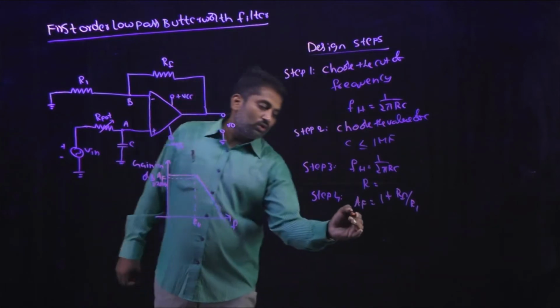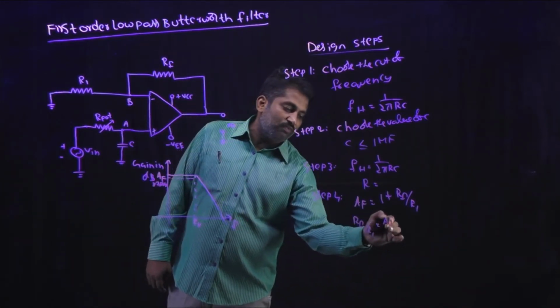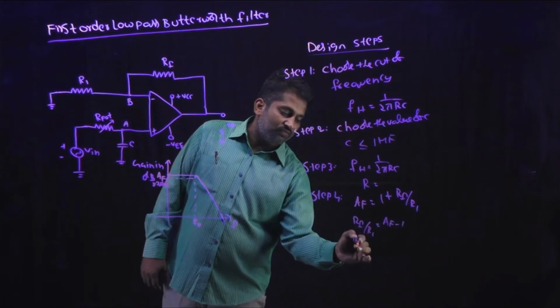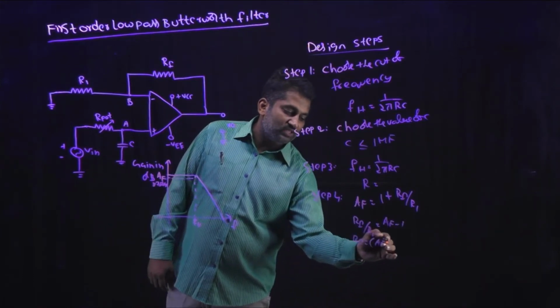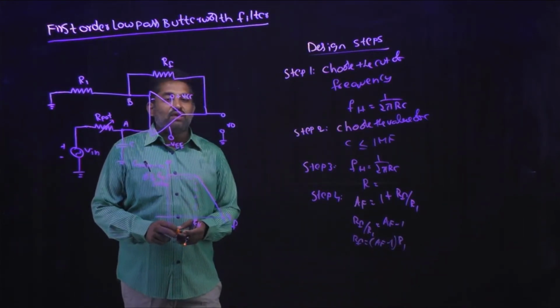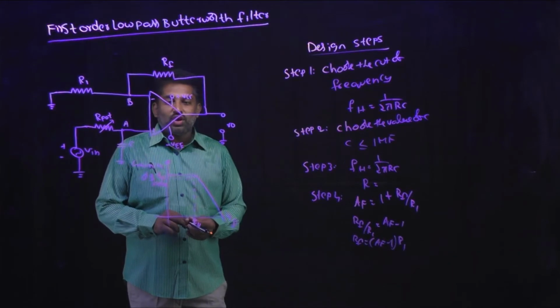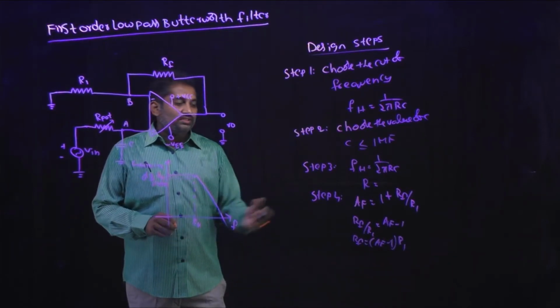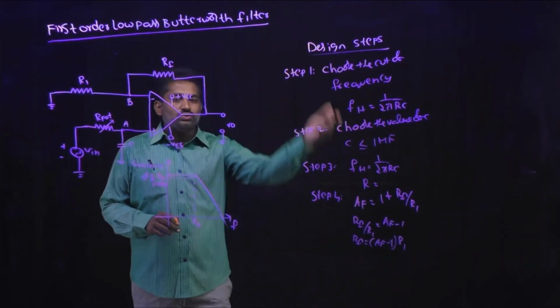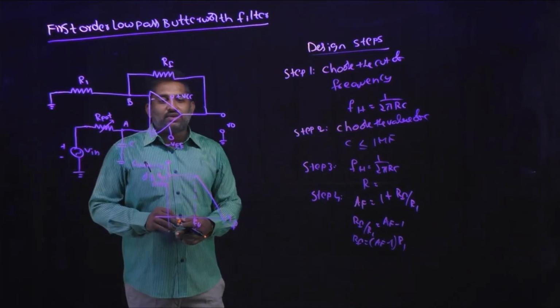So RF by R1 will be equal to AF minus 1. From this, RF is equal to AF minus 1 into R1. By proper selection of the value of R1, we can easily calculate the value of RF. This is the way we are going to solve the problem for the first order low pass Butterworth filter.